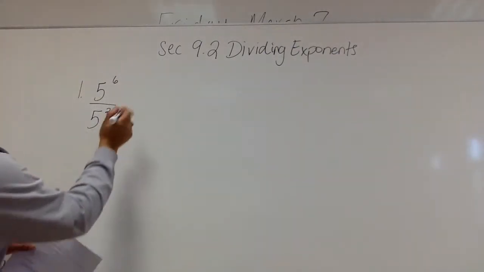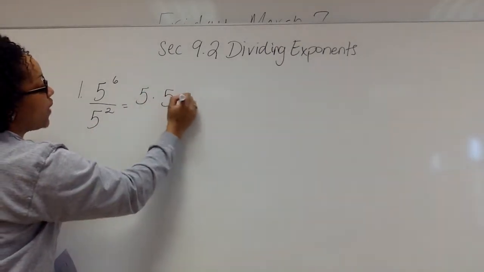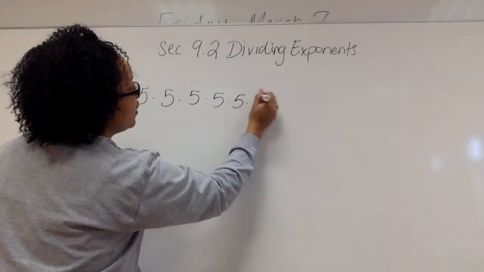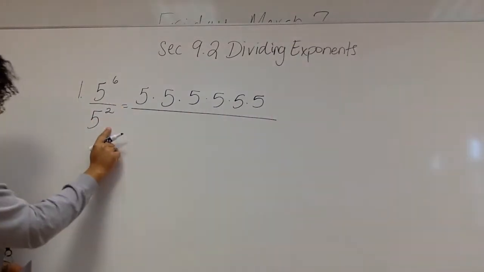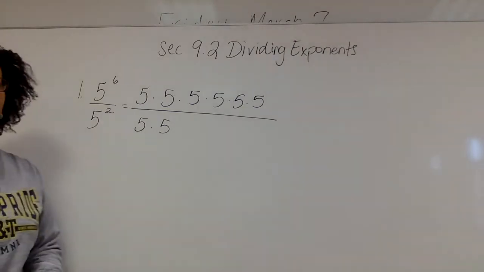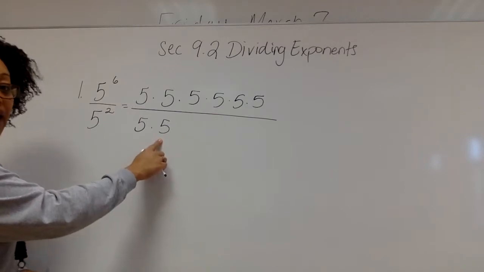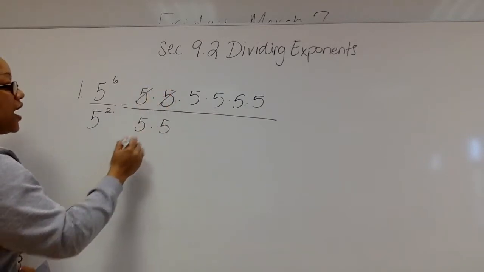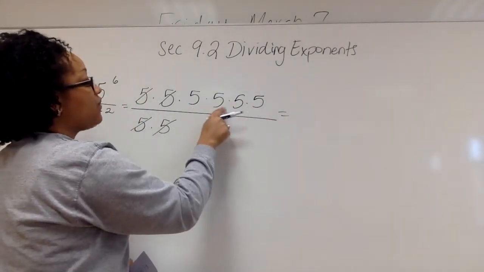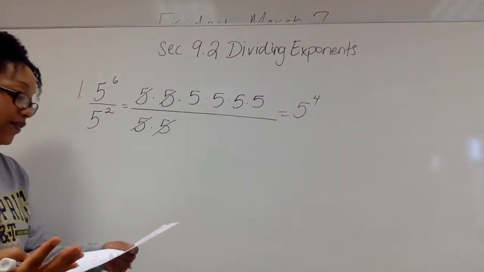Or, if you remember, you probably learned in the 5th or 6th grade that if you write out all these 5s, so I have 6 5s up here, 1, 2, 3, 4, 5, 6, and I have 2 5s on the bottom, you can cancel out the number of 5s that are the same on the top and the bottom. So if I have 2 5s on the bottom, then I can cancel out 2 5s on the top. You're left with 5 times 5 times 5 times 5, or 5 to the 4th. Okay? And we would just stop there.